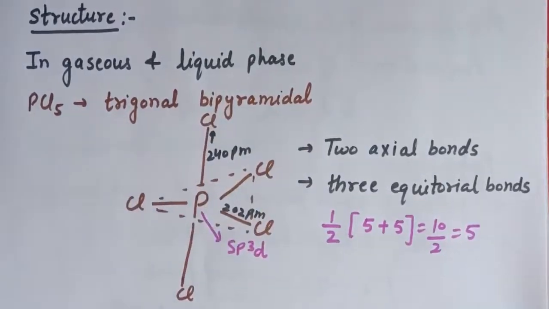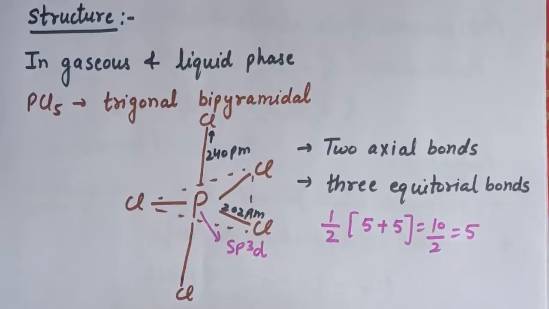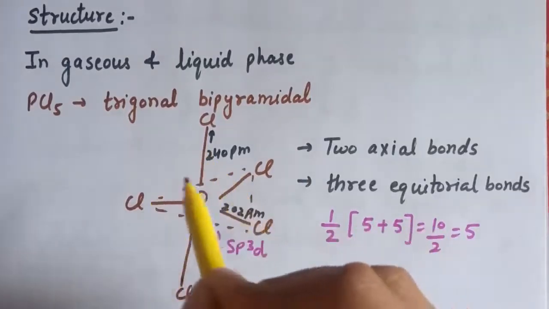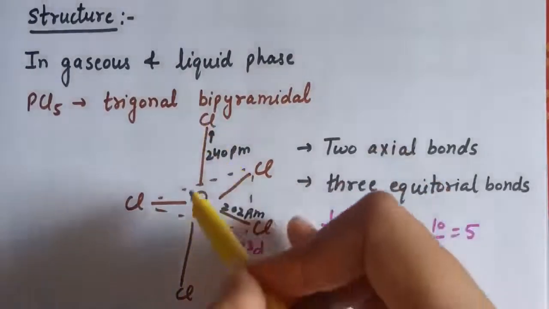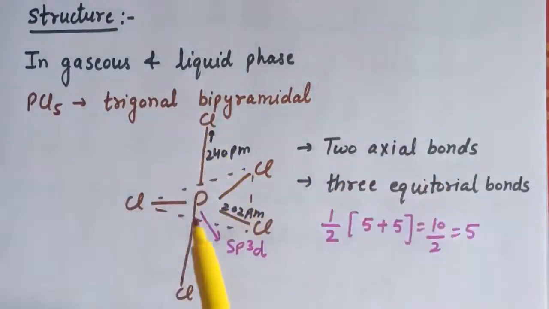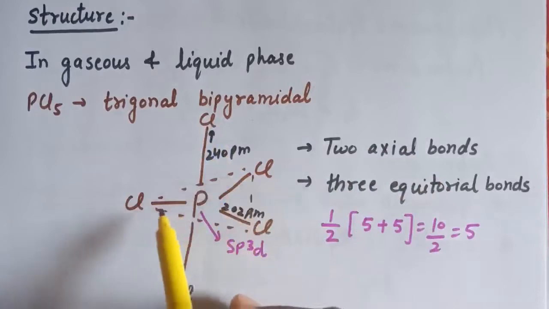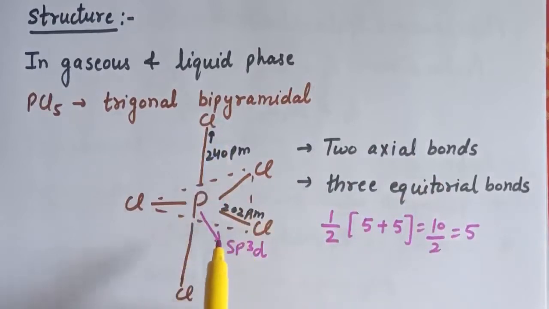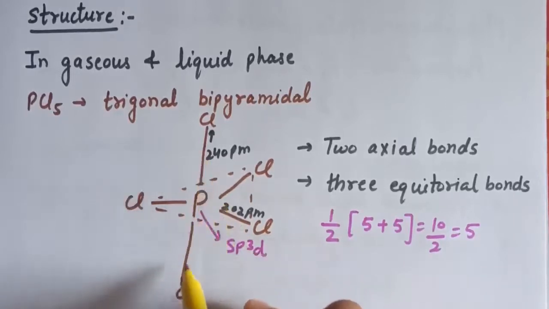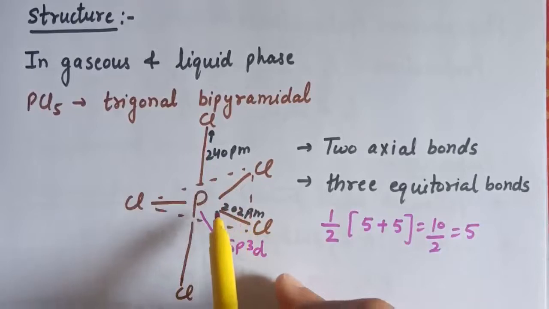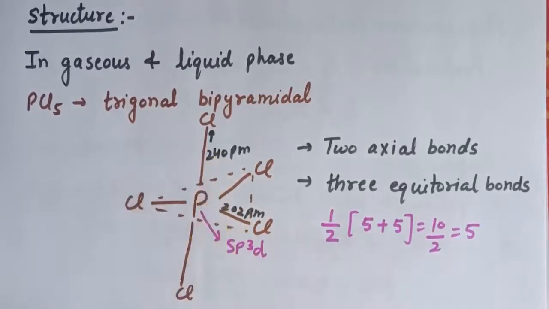Now in trigonal bipyramidal we have two types of bonds. This is the skeleton of trigonal bipyramidal. In this, these two bonds are known as axial bonds and these 3 bonds are known as equatorial bonds. In trigonal bipyramidal, these 3 bonds repel these 2 bonds and these 3 bonds are also repelled by these 2 bonds.